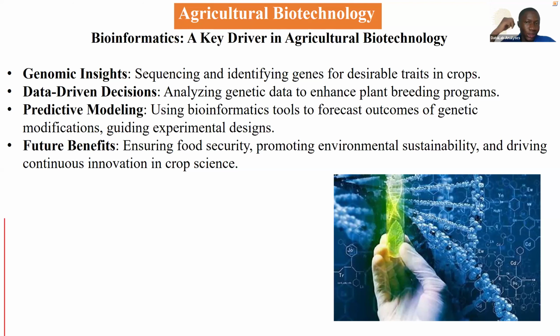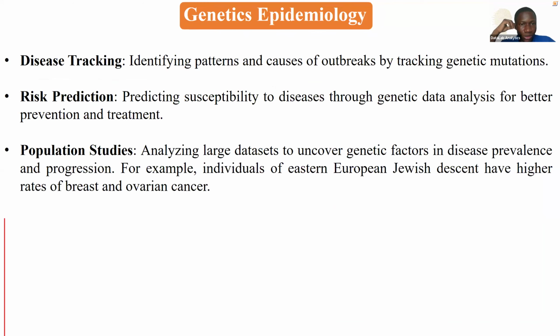So now to genetic epidemiology, which is one of the step approaches of what we will be doing in the hands-on section today. Genetic epidemiology basically means that you want to identify patterns and causes of outbreaks, especially in infectious disease, by tracking genetic mutations.